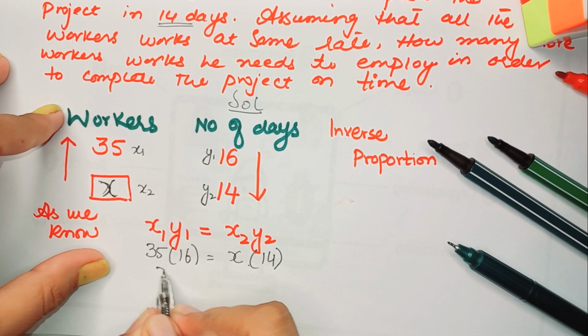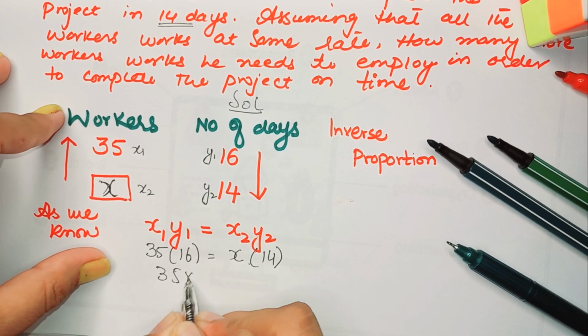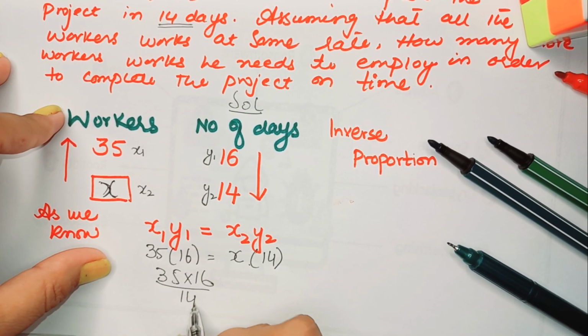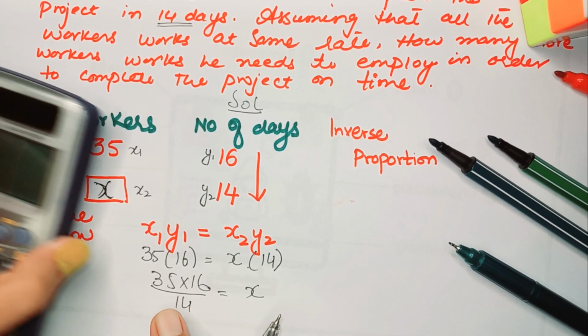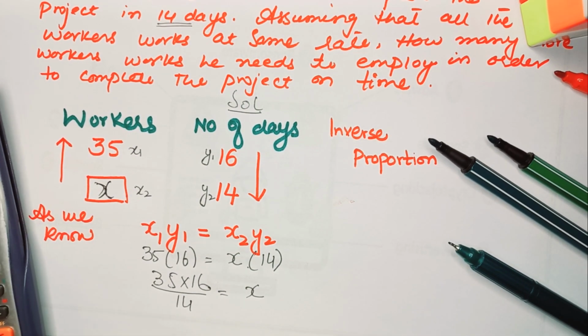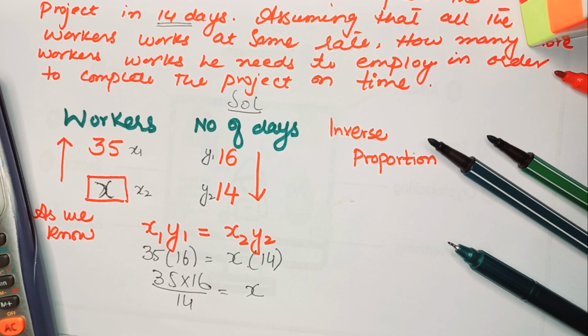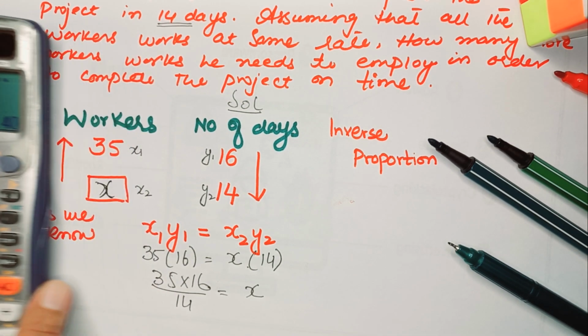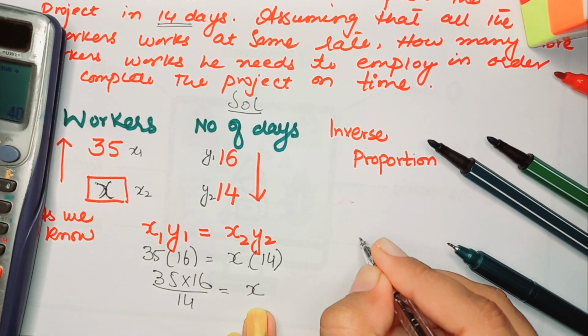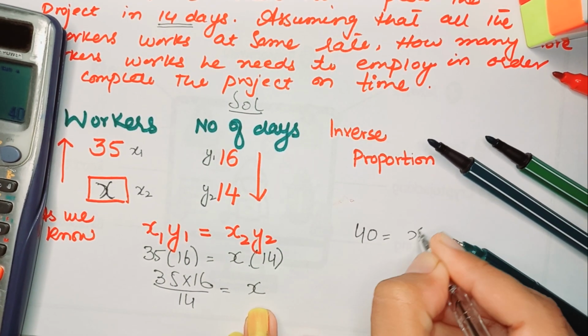Now we have to find x, so 35 into 16 divided by 14. Dear student, you will get the answer that x equals 40.